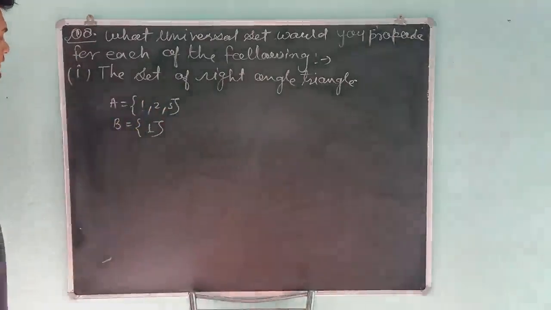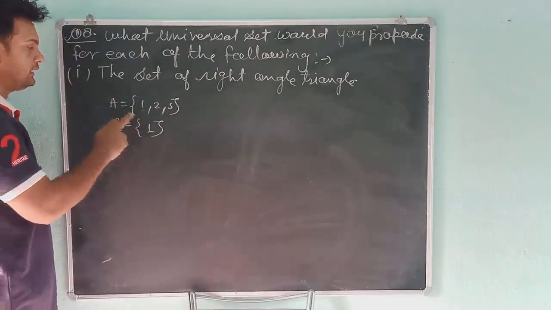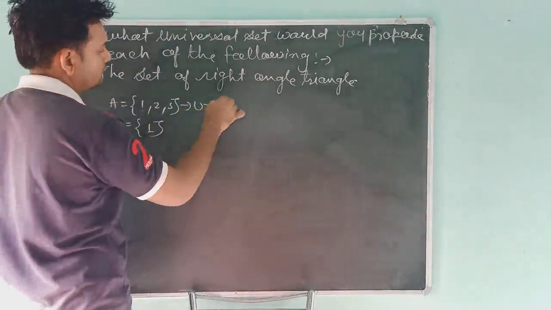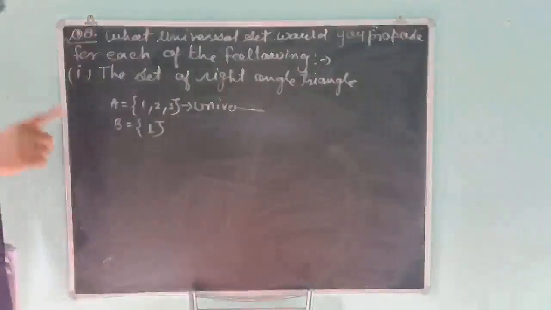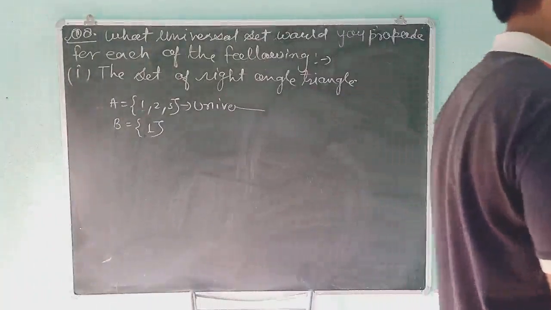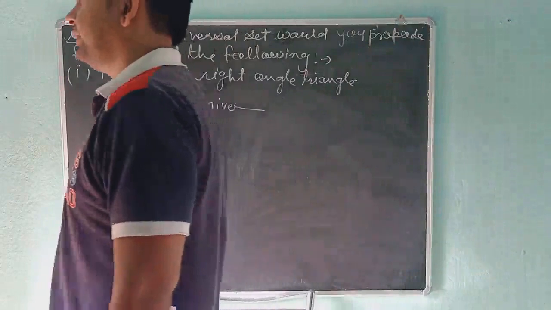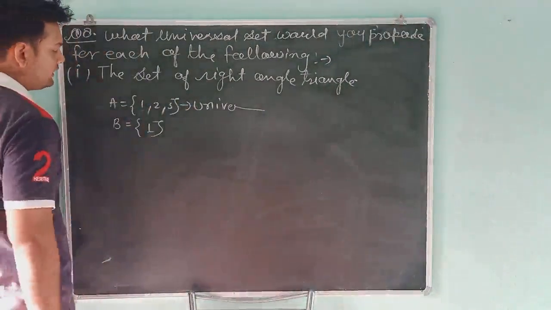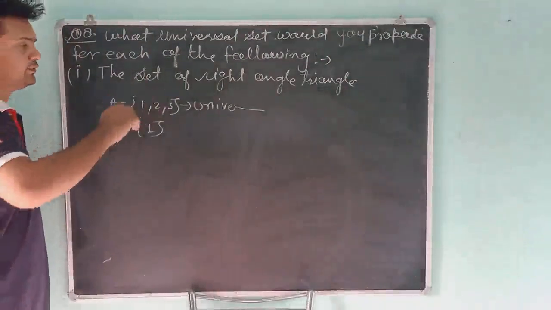You can see that all elements of B are in the set A. So A is a universal set for B. Why is A the universal set? Because all the elements of B are in the set A. So students, A is the universal set and B is only a subset. So this is the universal set.